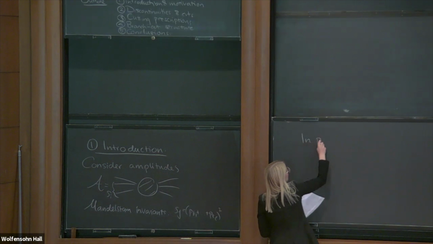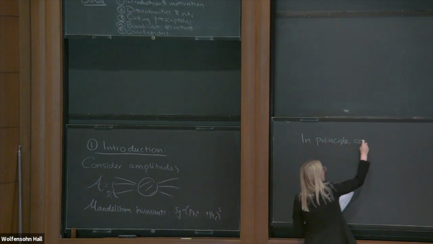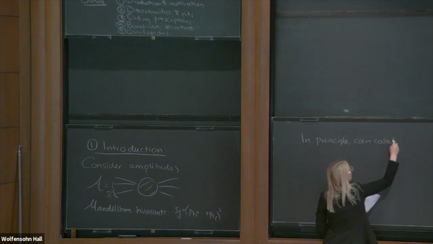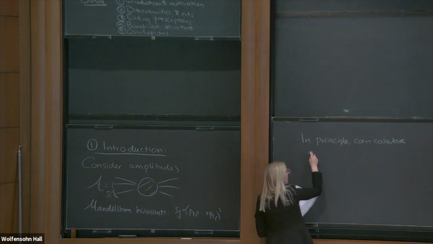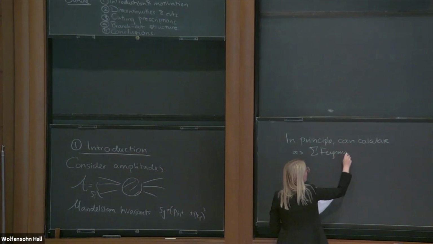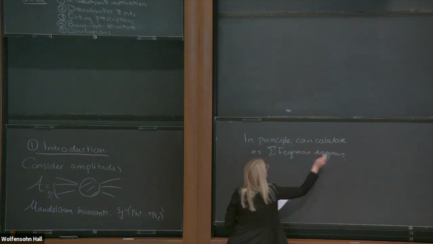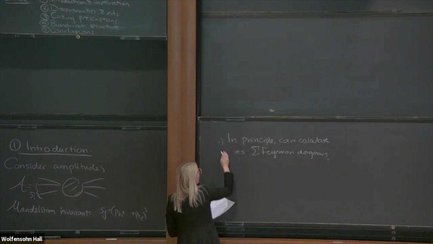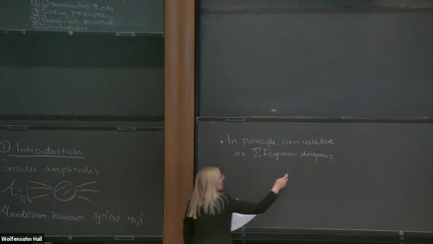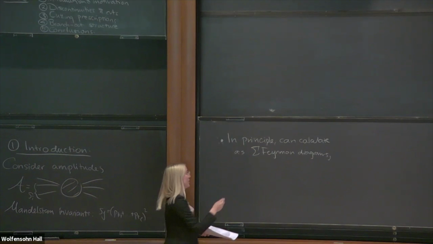In principle, we can calculate these as a sum over all Feynman diagrams. But even at 2 loops, this is challenging.